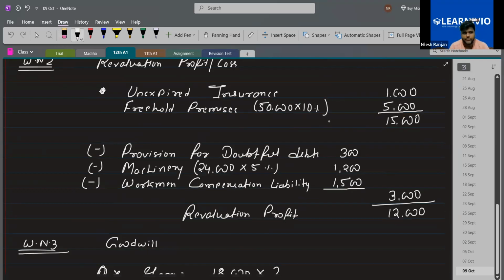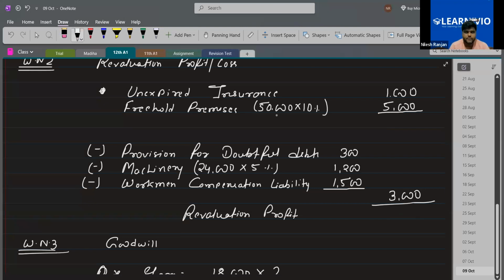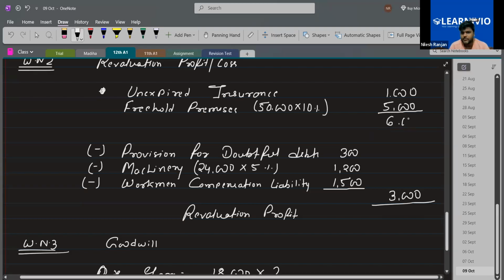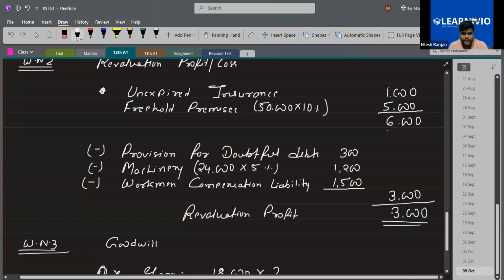It is 6,000 minus 3,000. It is 3,000. Actually, I have added this 1,000 plus 5,000 and written it as 15,000. So that was a mistake. 1,000, 5,000, 6,000 minus 3,000. It will be 3,000.